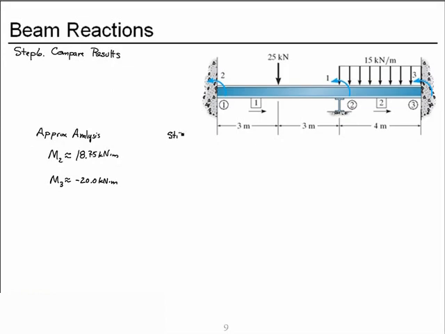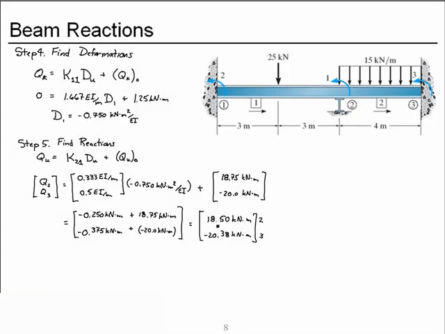From the stiffness method, we found the moment at degree of freedom 2 to be 18.5 kilonewton meters, and at degree of freedom 3, minus 20, we'll round it off at 0.4 kilonewton meters.